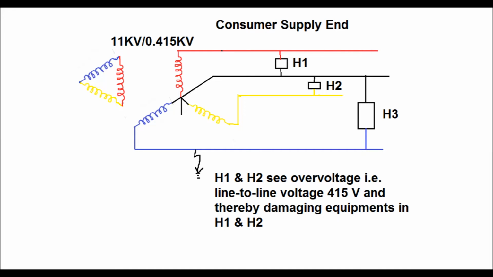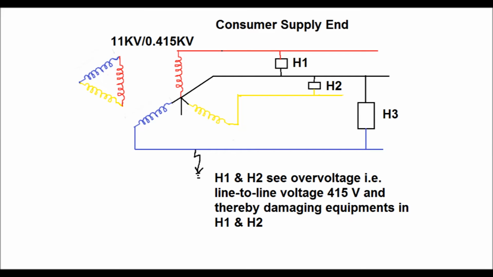If any earth fault occurs in any phase, then the voltage of the remaining healthy phases will overshoot to line voltage. Here the earth fault occurs in the blue phase, so the blue phase voltage comes to 0, and the neutral point voltage comes to the blue phase voltage, and therefore households H1 and H2 get a supply of line voltage, that is 415 volt each.